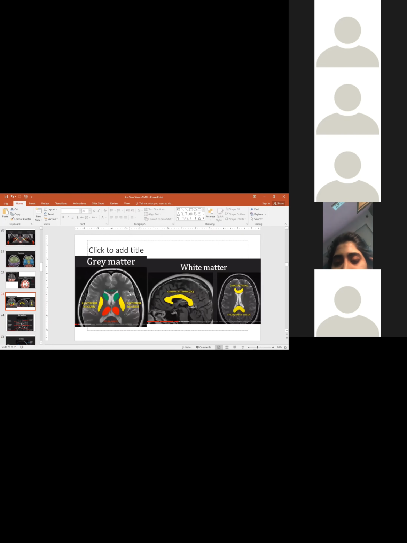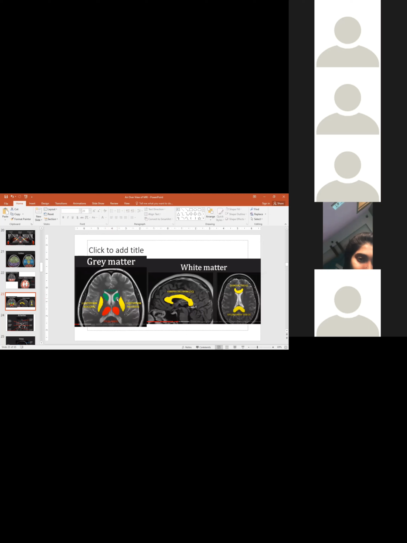So the other structures on MRI, in between, in the white matter, there are some nuclei of gray matter, which are of utmost importance. I have already told you, these bright signals represent the anterior horn of the lateral ventricle.